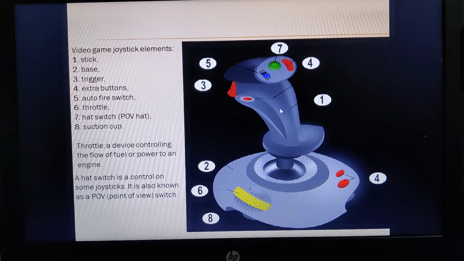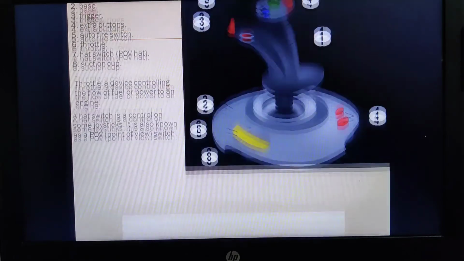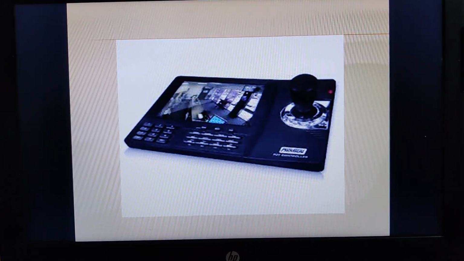They are extensively used in video games, trucks, trains, and even unmanned vehicles. Many civilian and military aircraft use them extensively. We can even refer to the joystick as an analog stick. As I said, they are also used in surveillance cameras.